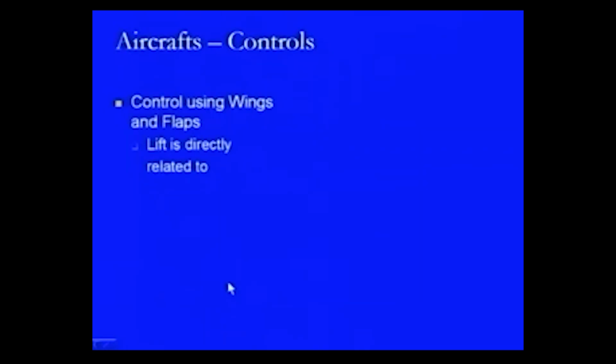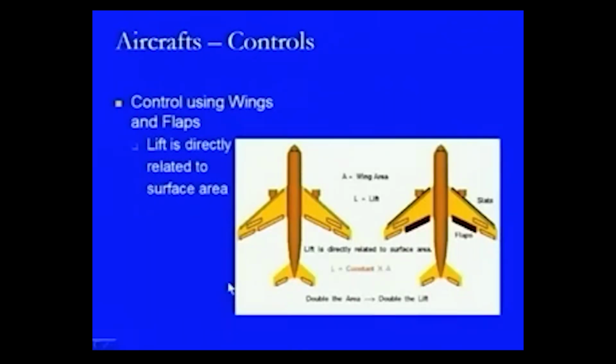Then another thing is how this lift is related to the surface area of the wing. This is the overall surface area of the wing, and similarly this is another overall surface area of the wing. These wings are more or less flatter surfaces, whereas the fuselage is a round surface.